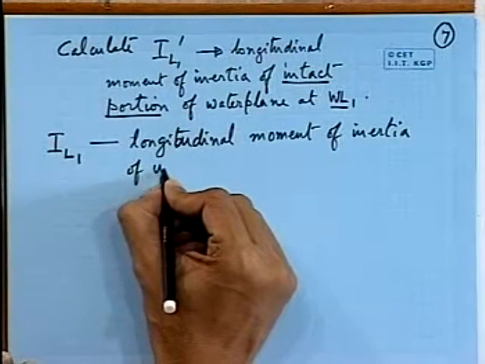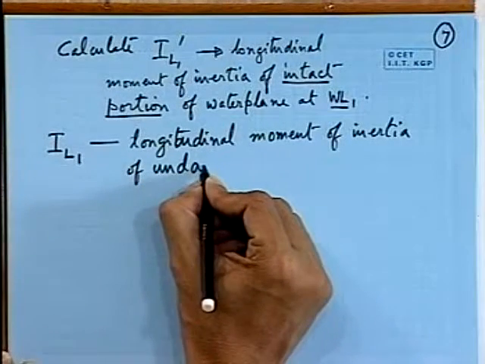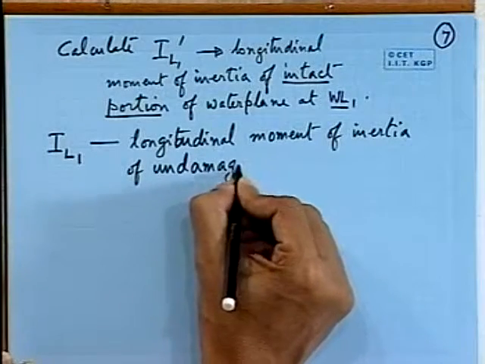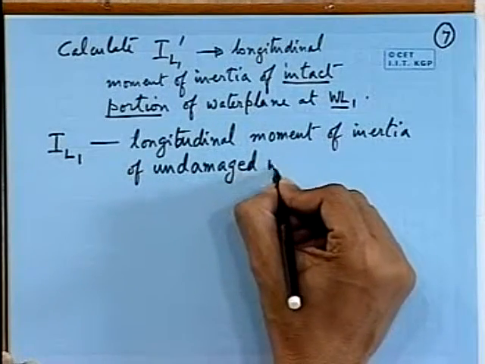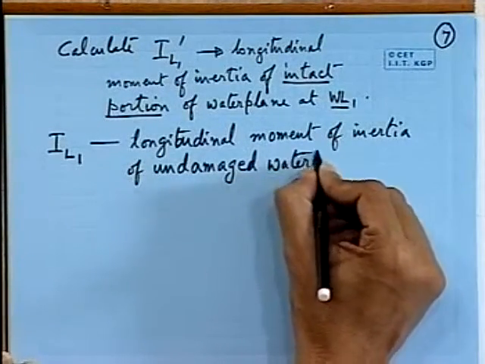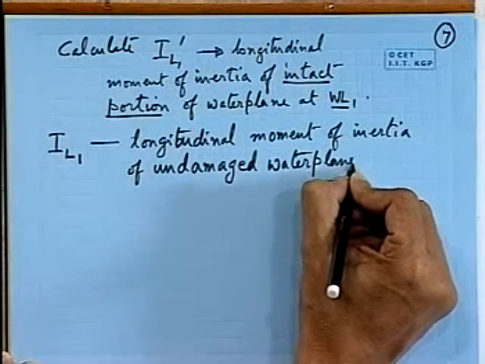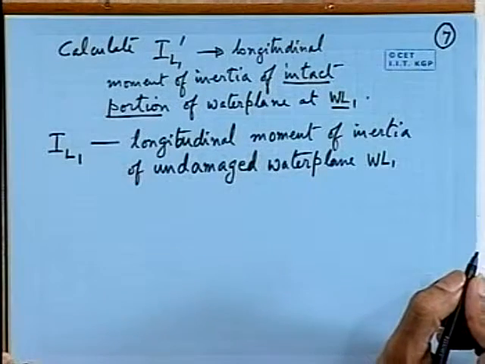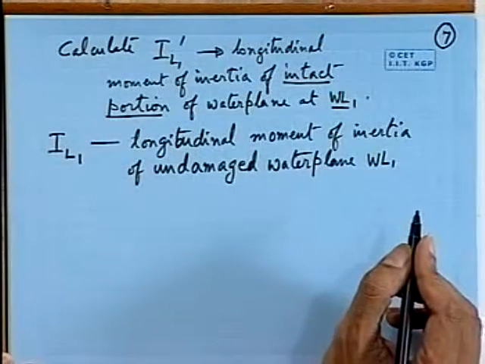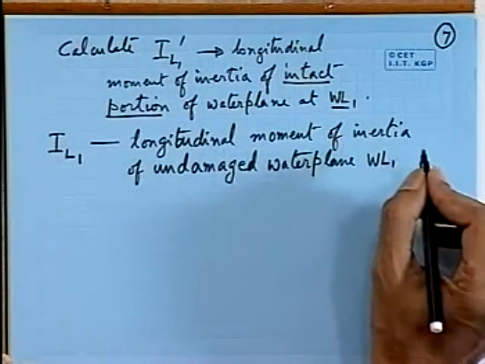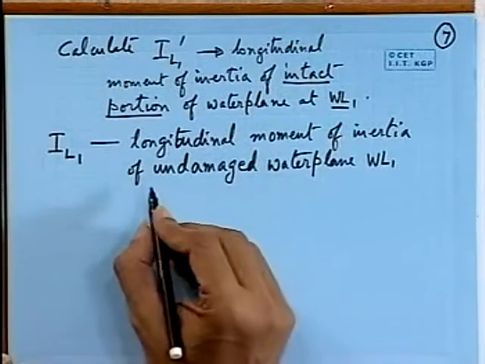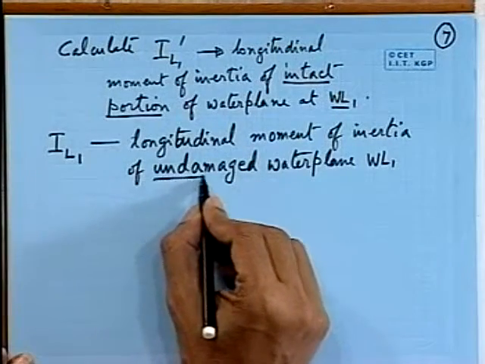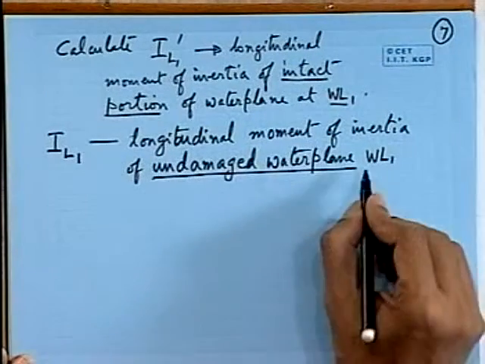IL1 is the longitudinal moment of inertia of the undamaged water plane WL1. This normally you can get from hydrostatics, or you can calculate, but it should be for your undamaged water plane.